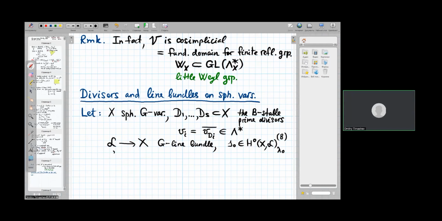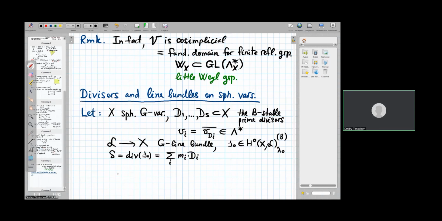Consider the divisor delta of this section. It is a B-stable divisor, and therefore it is decomposed as a linear combination of these D_i's, a sum over all i of D_i with some multiplicities.